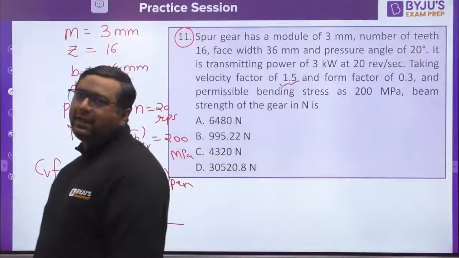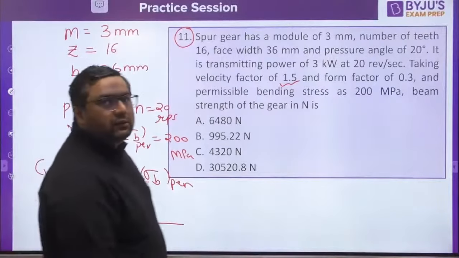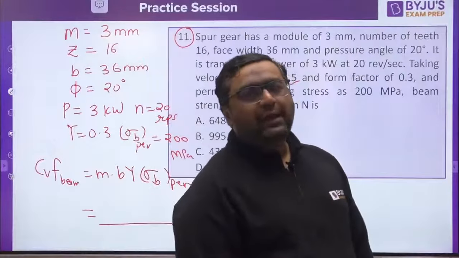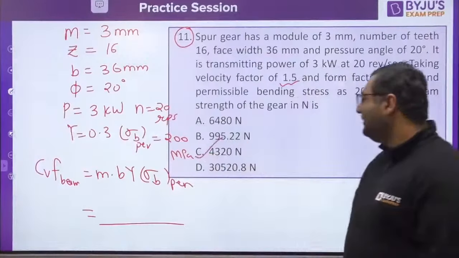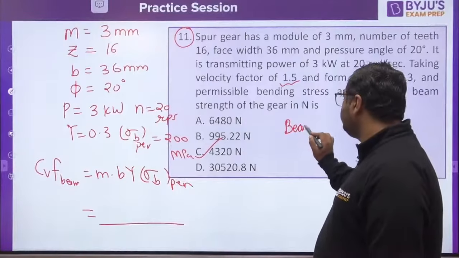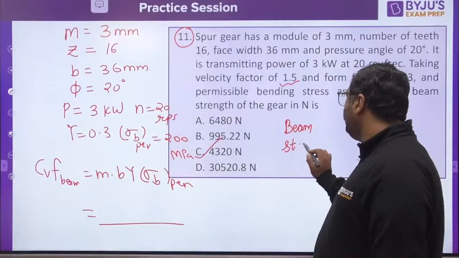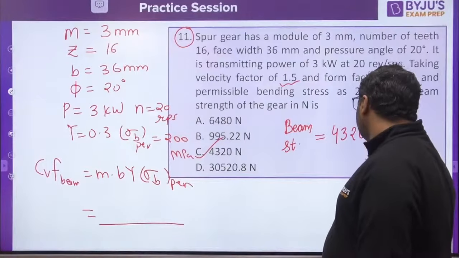Okay, Captain Raj is saying C, Loga Vignesh is saying A. One of you is definitely correct. Okay, so I feel Captain Raj is correct. So beam strength is 4320 Newton.